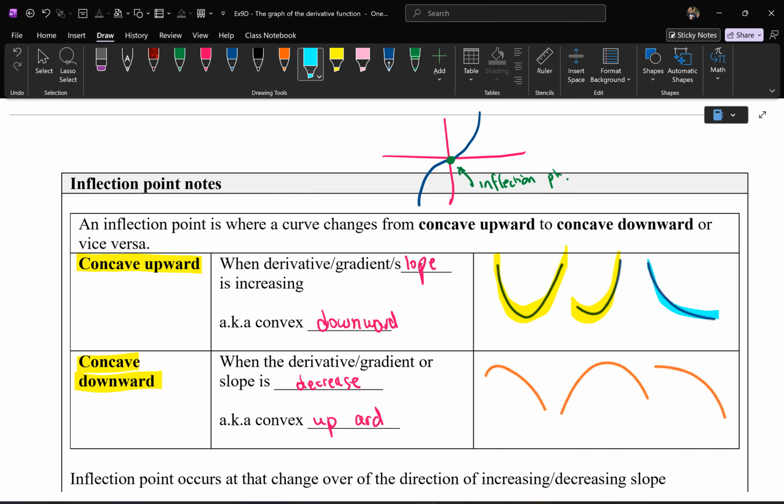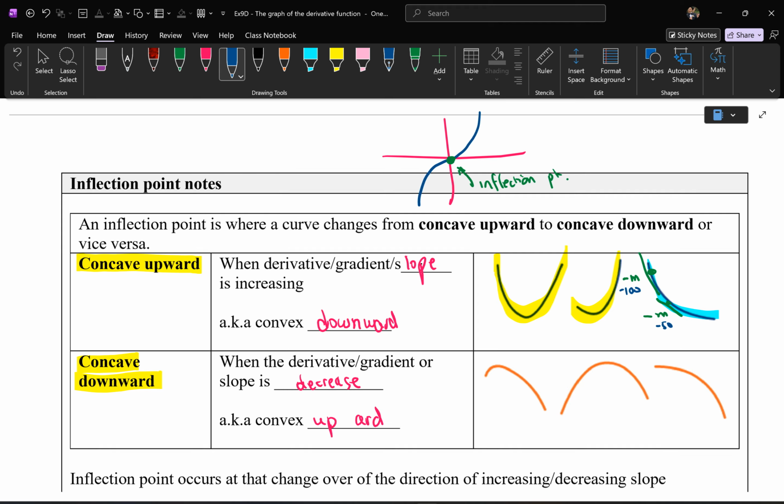If I look at this one, is my gradient increasing? At this point, it's a very steep negative gradient. This is a less steep gradient, but it's also negative. So in essence, this is like negative 100 gradient, this is negative 50 gradient. Technically, that is increasing. It went from negative 100 to negative 50, negative 50 to negative 20.